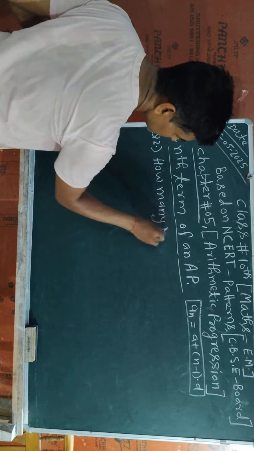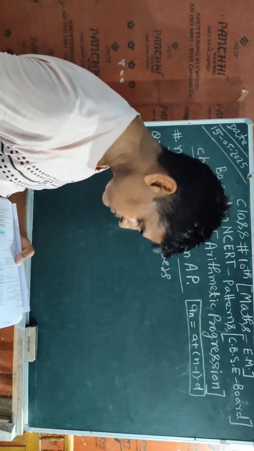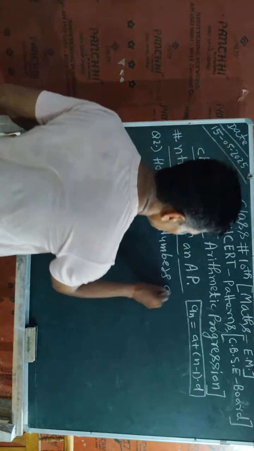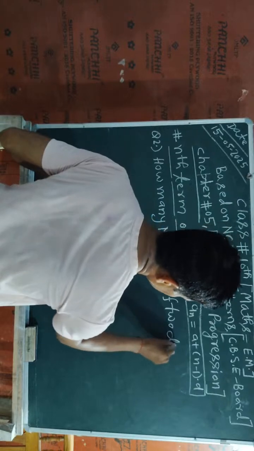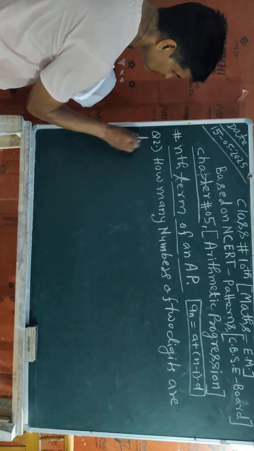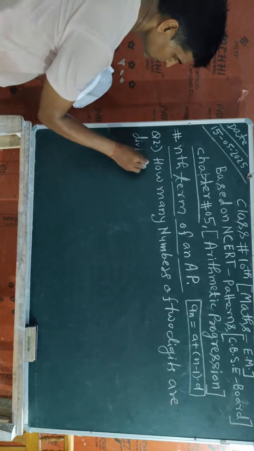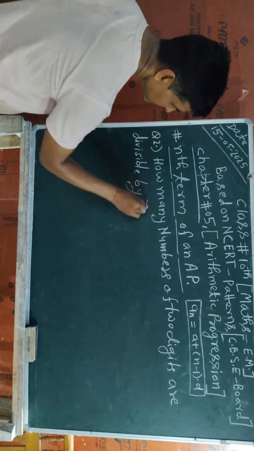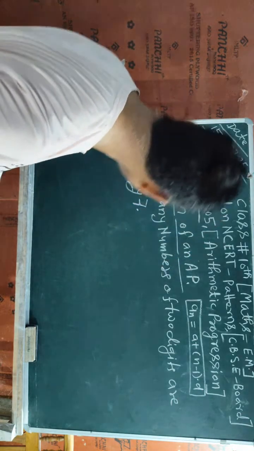How many numbers of 2 digits are divisible by 7. Okay, student.